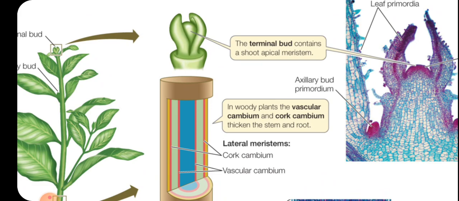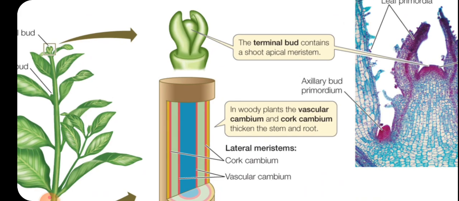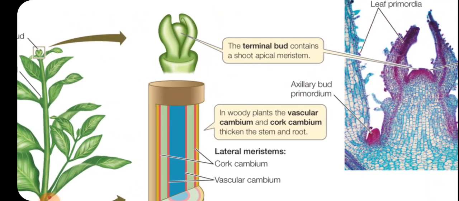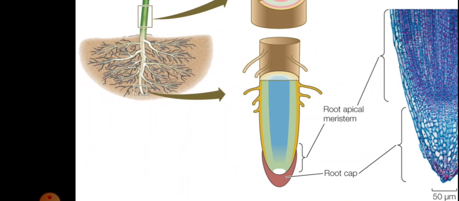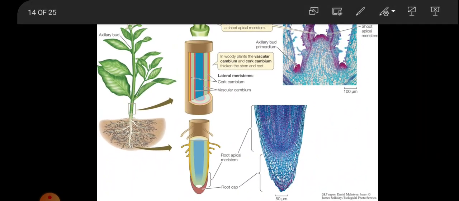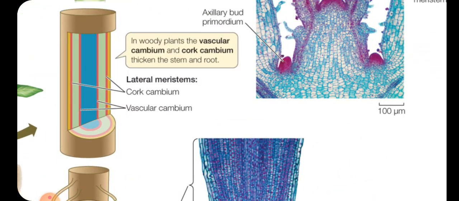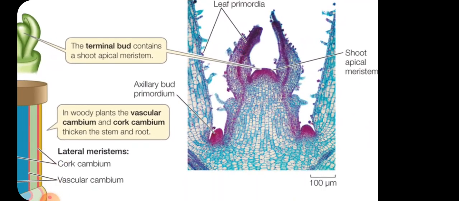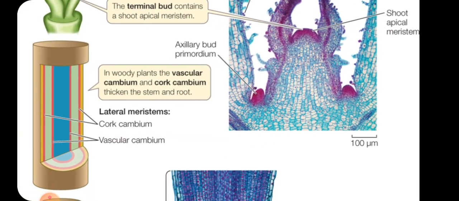This is present in the apical regions of the shoot and the apical region of the root. Then the next one: the shoot apical meristem is generally divided into two zones.